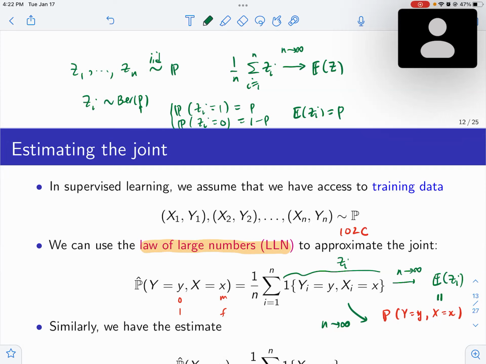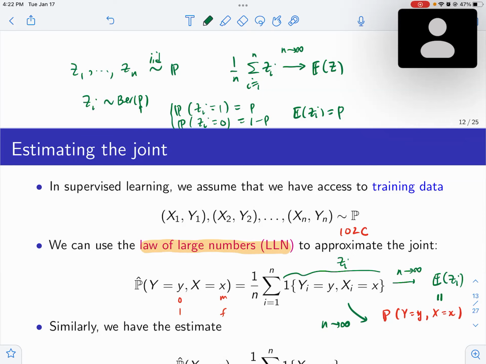Okay. So the law of large numbers gives you that this converges to that as well. Again, the reason is this is the sample mean, the empirical average of a bunch of Bernoulli variables, since they take value 1 or 0. Looks complicated, but in the end it's either 1 or 0. And for different i's, they're independent and they have the same distribution because the xi, yi's have the same distribution.